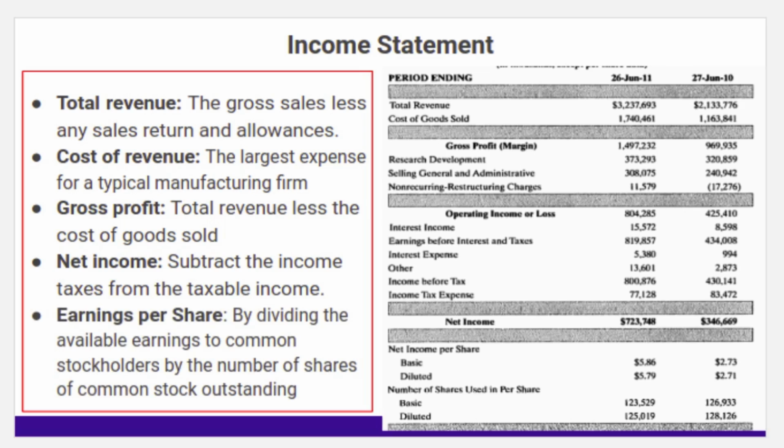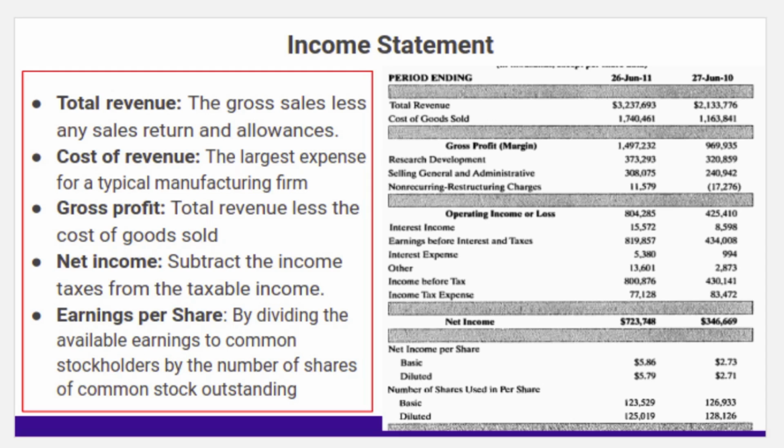Earnings per share is a simple situation. We compute this amount by dividing the available earnings to common stockholders by the number of shares of common stock outstanding.